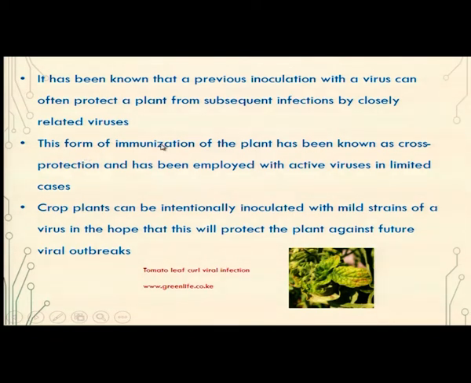This form of immunization of plants is known as cross protection, and it has been used so far for a wide range of viral diseases. Crop plants can be intentionally inoculated with a viral strain which is very mild, with the hope that this will protect the plant against future viral outbreaks.